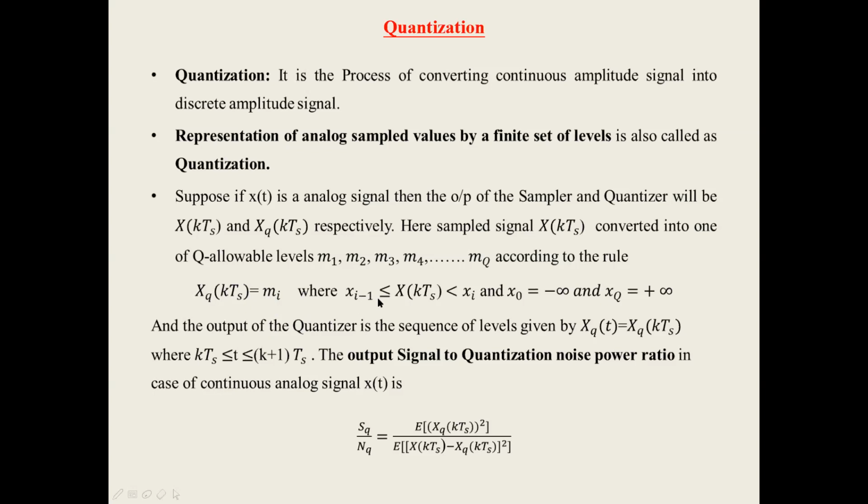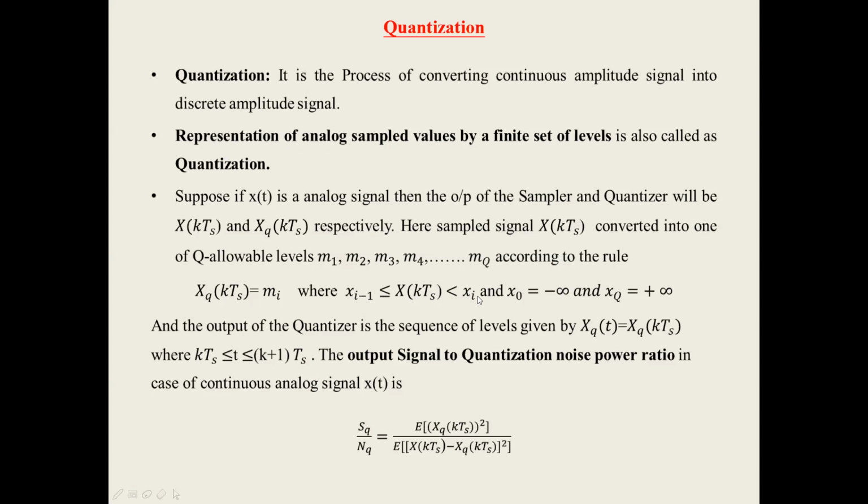What is the rule that is followed? Here you can understand this condition clearly: x_(i-1) is less than or equal to x(kTs) less than x_i. For example, below 1 volt and up to 0 volts. Below 1 volt, for example, you can treat i equal to 1.